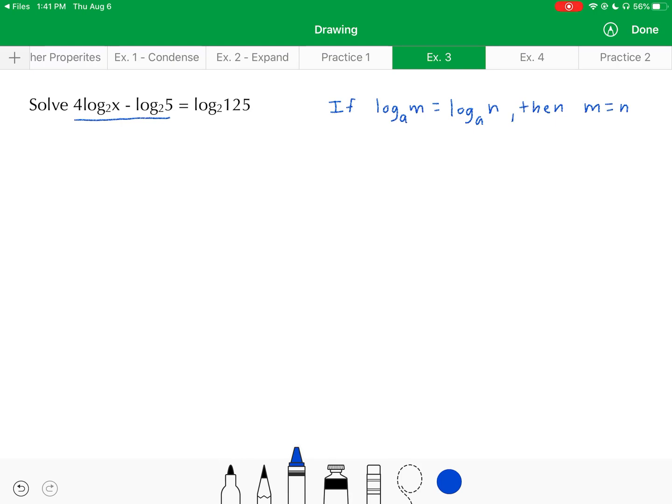So I'm going to start by bringing 4 up as a power on x. And then the fact that those two logarithms on the left side have subtraction between them, I can use a quotient property and rewrite this as log base 2 of x to the 4th over 5 equals log base 2 of 125.